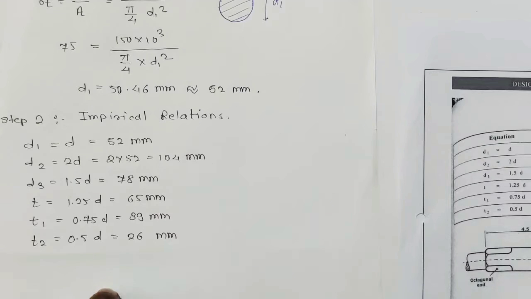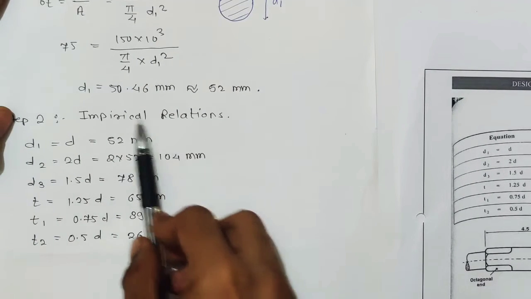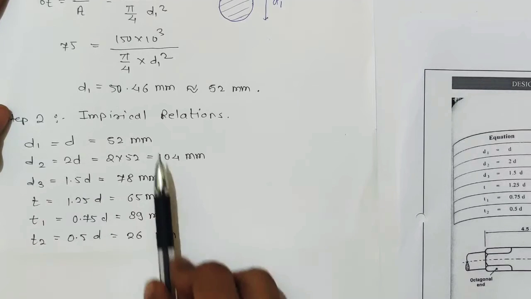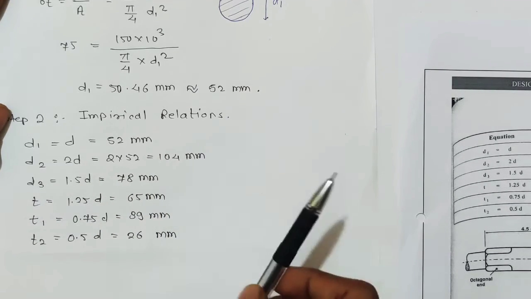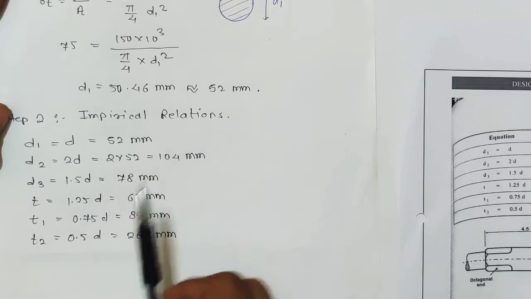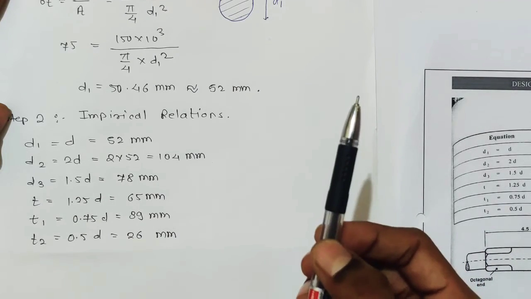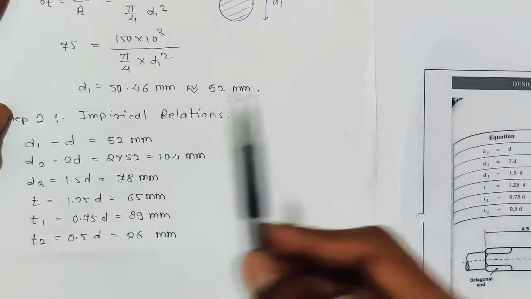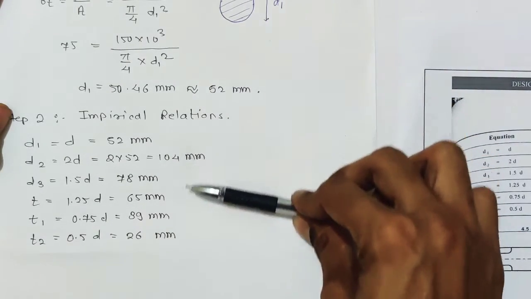Now we have all the dimensions, so we are not going to design the knuckle joint; we are going to check the knuckle joint for various stresses. If you remember the quarter joint, there we found all the dimensions step by step.